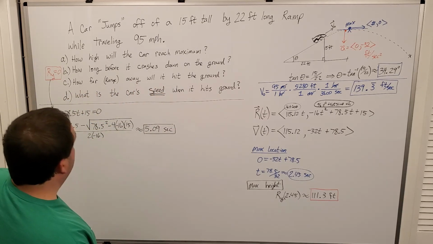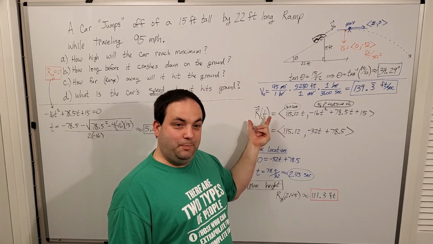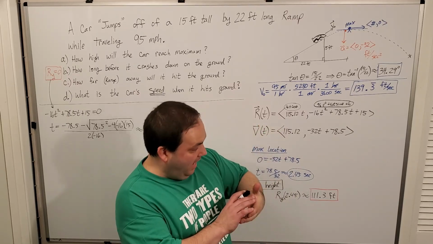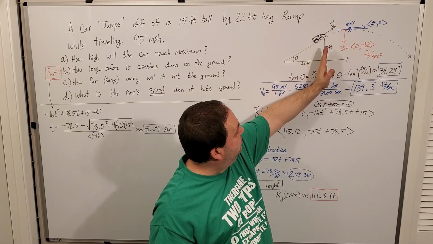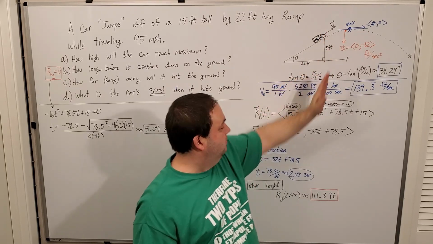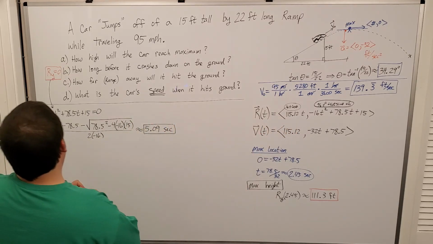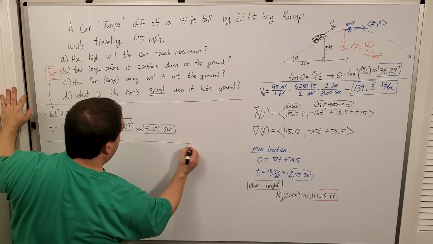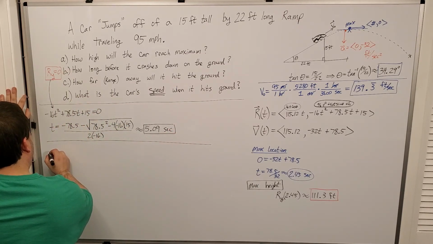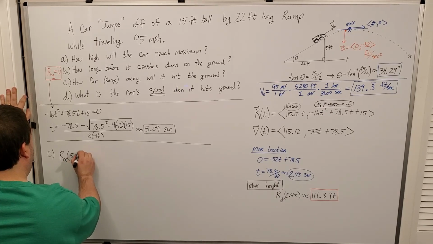Well, guess what? All that is the x component of the position vector, right? The x component is how far away from this t equals 0 point, which is when it leaves the ramp, right? So if I plug in the answer to C here, the answer to C is just going to be r sub x of 5.09.